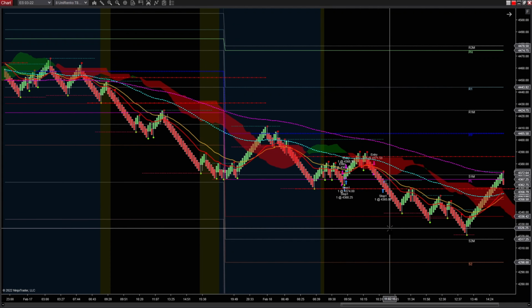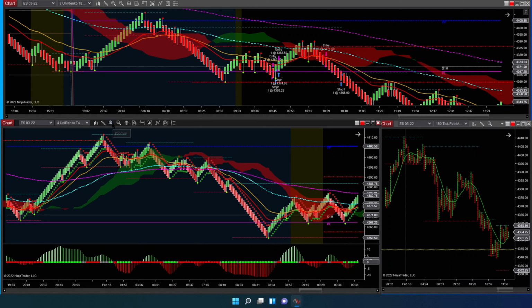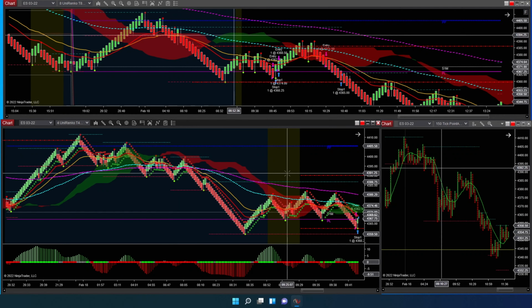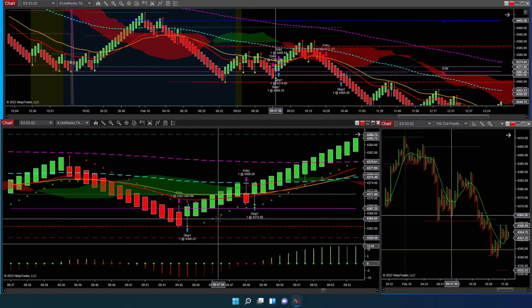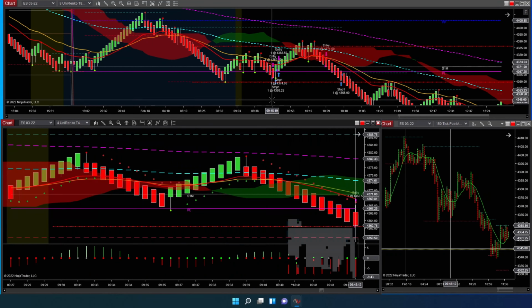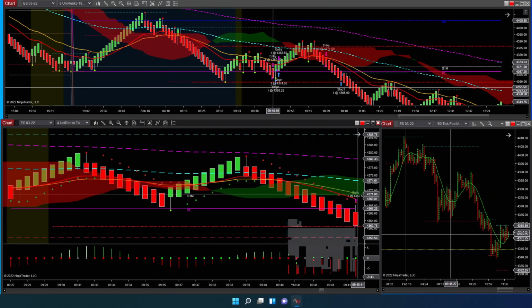And then this Darvas indicator right here. So I took it right there, and the market immediately went back. And if you see here, let me expand it even a little bit more. If you see here, there is a wick right there.